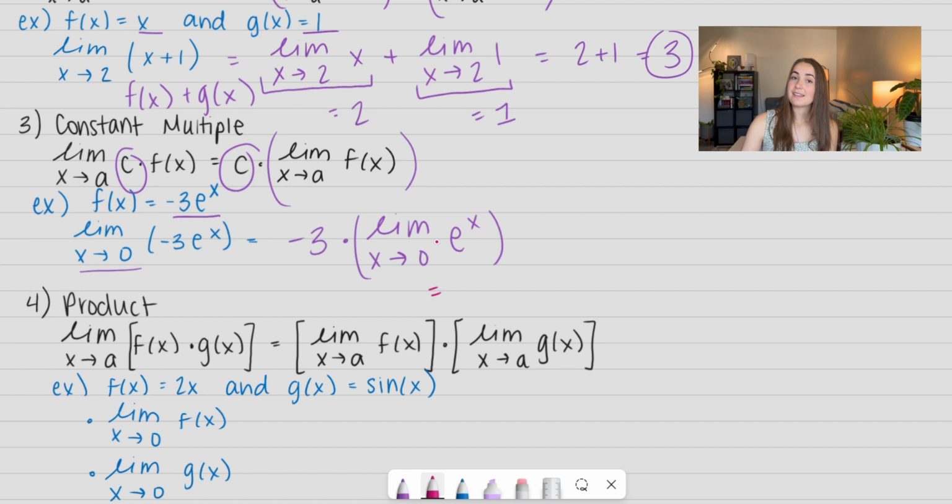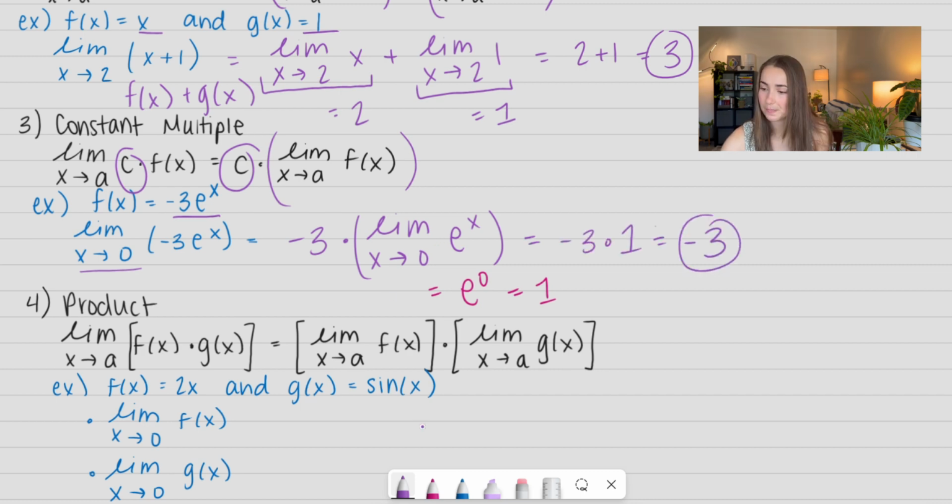I know e to the x is a continuous function. We have the limit as x approaches 0 of e to the x is just going to be e to the power of 0. I know this because it's a continuous function and I can just plug it in. Anything raised to the power of 0 is a 1. So now using this, I can plug it in. I get negative 3 times 1 is just equal to negative 3.